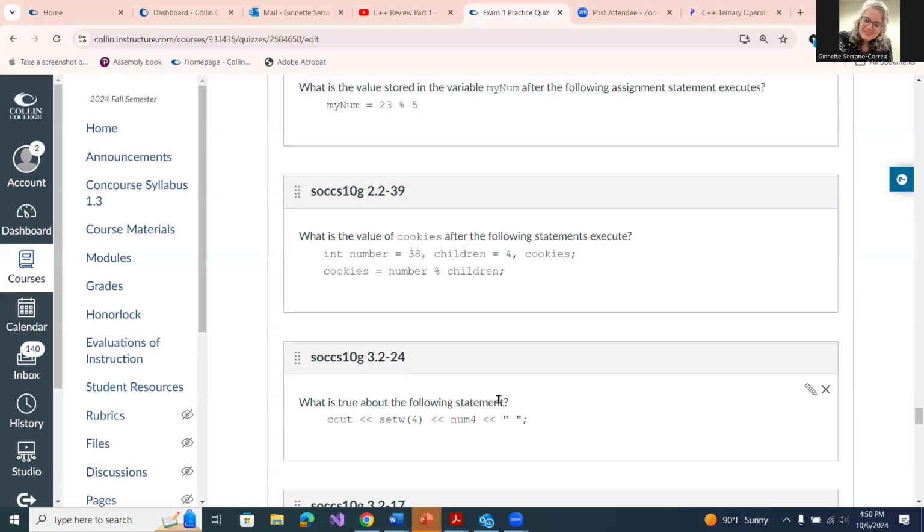What is true about the following statement? Well, first of all, let's just see what the following statement does. So if you have setw 4, you have 1, 2, 3, 4. Let's say that num4 had a 3, okay? So let's say that num4 was equal to 3.